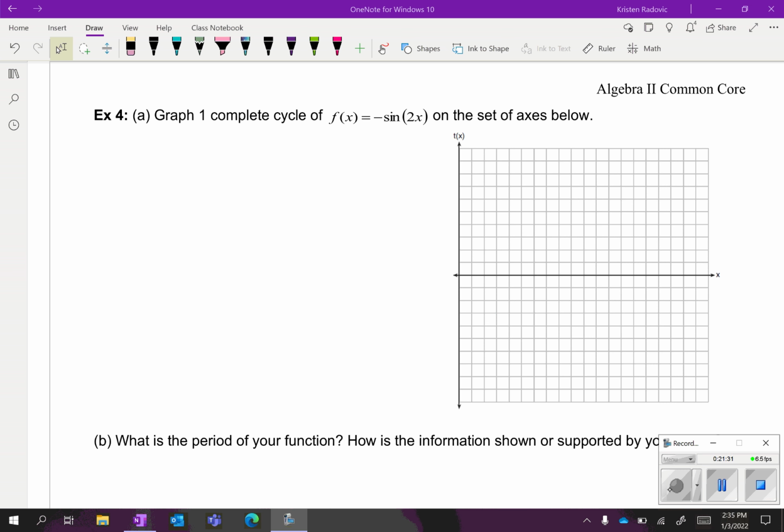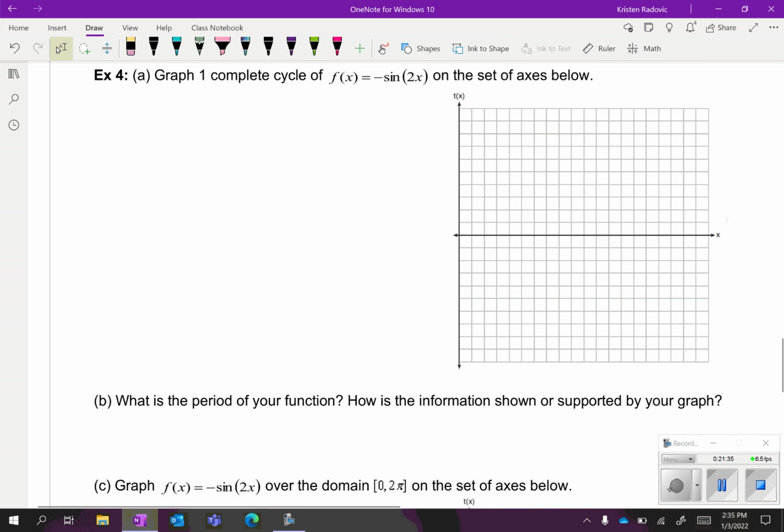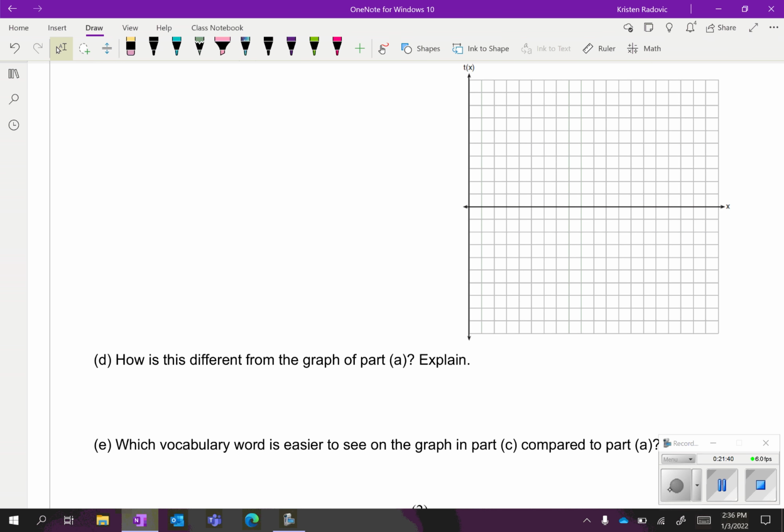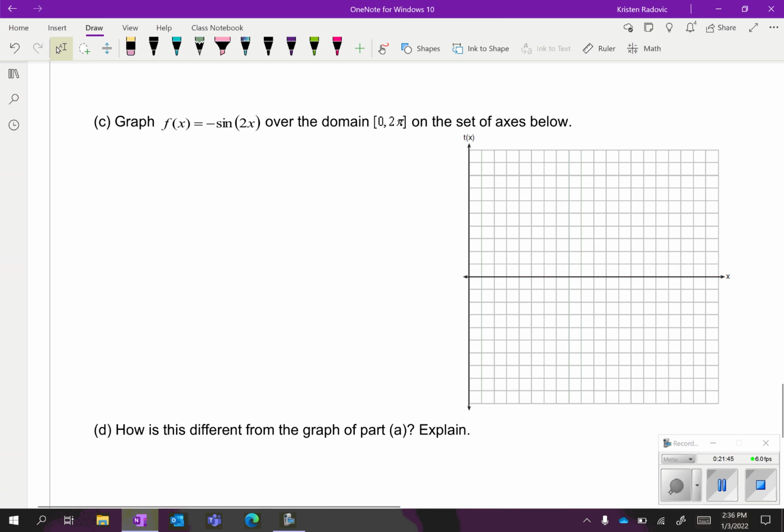Because this video is starting to take a while, I'm going to skip example 4a and b, and we're going to finish up by graphing c. They want you to graph this equation on the given domain.